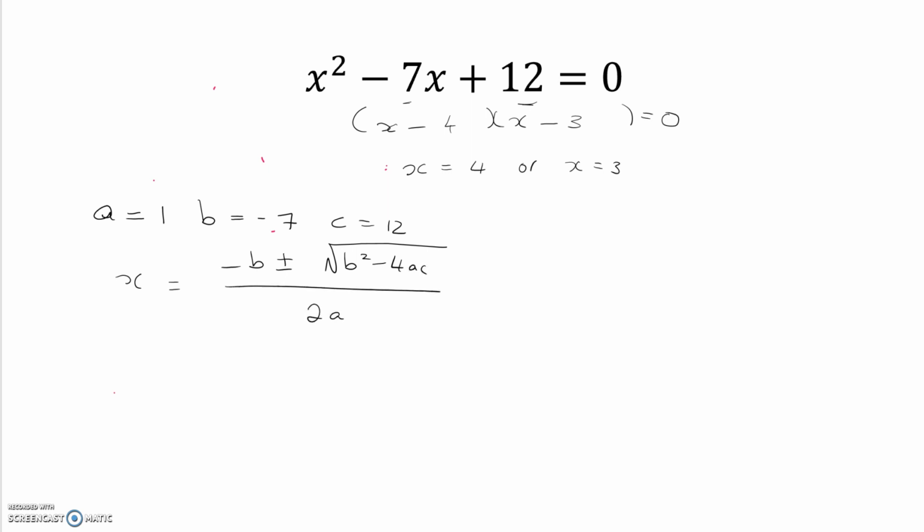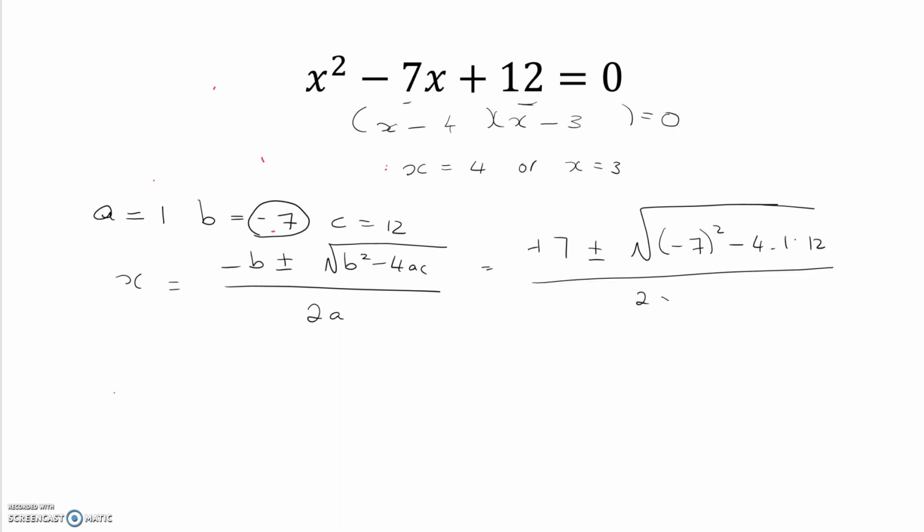So now, being careful, because b is negative 7, so it becomes positive 7 plus or minus the square root of negative 7 bracket squared minus 4 times 1 times 12, all over 2 times 1. So that's equal to 7 plus or minus the square root of 1 over 2. So that's 7 plus or minus 1 over 2, which gives us 4 or 3, just as before.